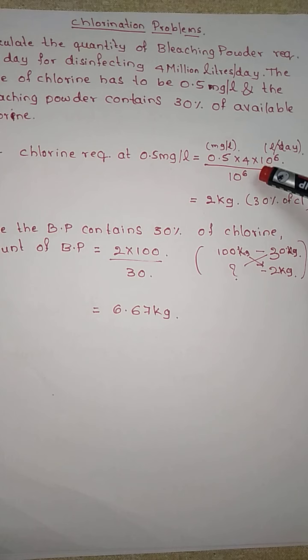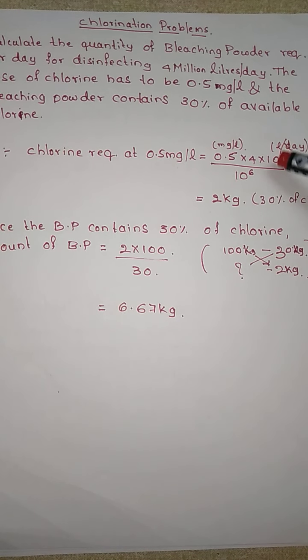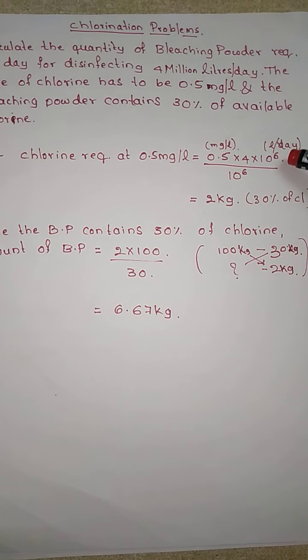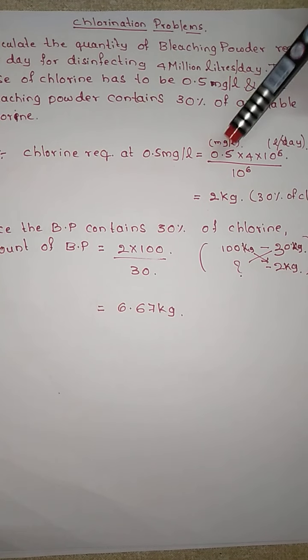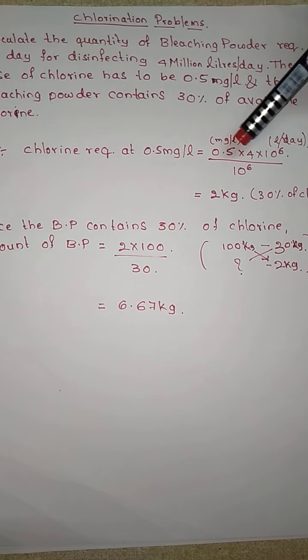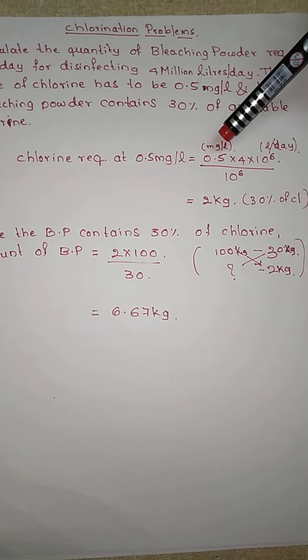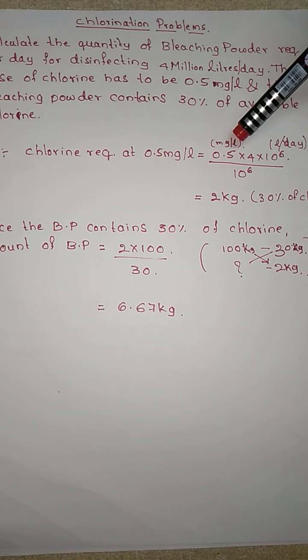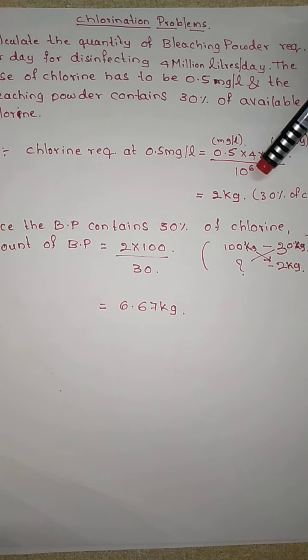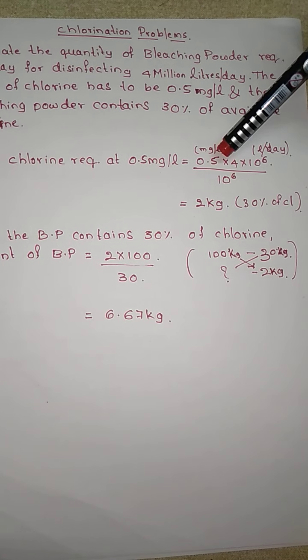So 4 into 10 to the power 6 liters per day, where 10 to the power 6 is written for the million liters. Now we multiply by 0.5 mg per liter, because 0.5 mg per liter is the dosage we are going to give. Now if we want the answer in kg, what are we going to do?